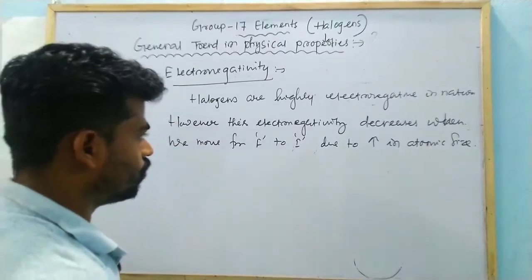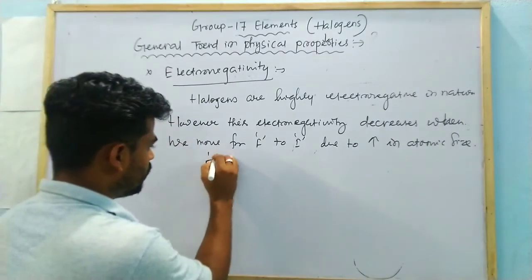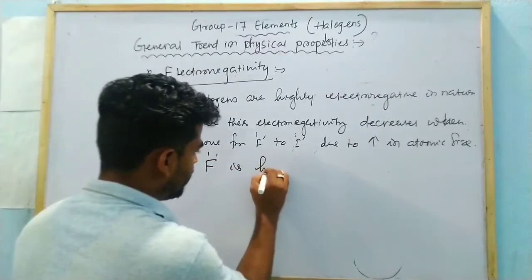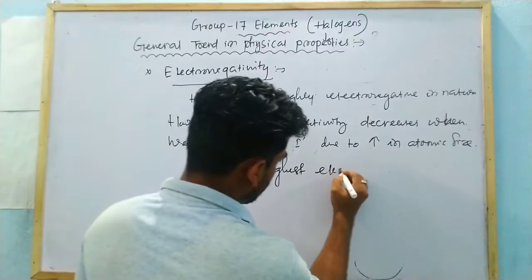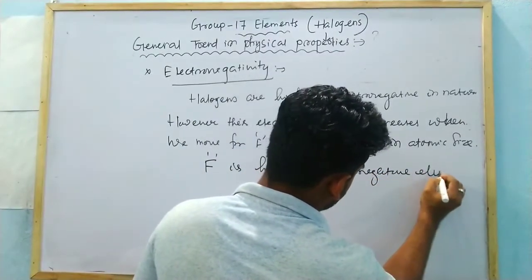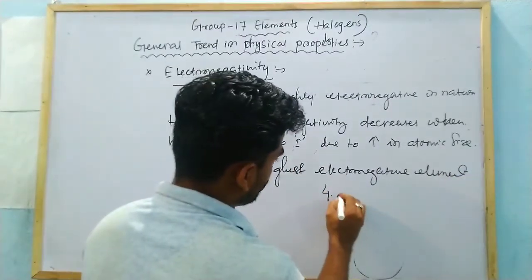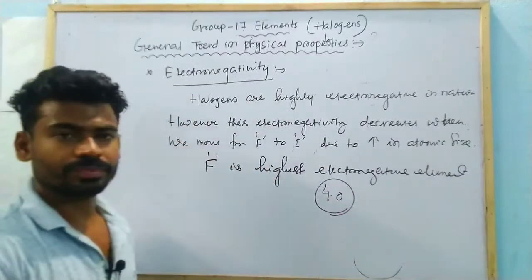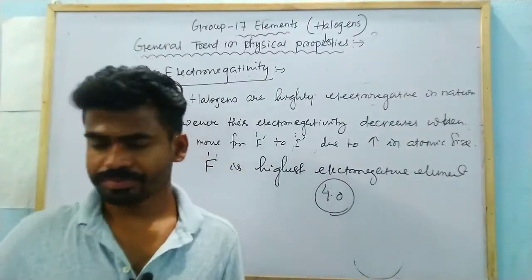And in the periodic table, fluorine is the highest electronegative element, having electronegativity 4.0. This value decreases from top to bottom.